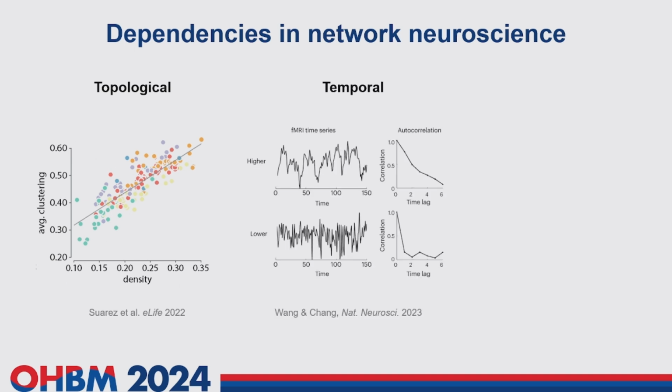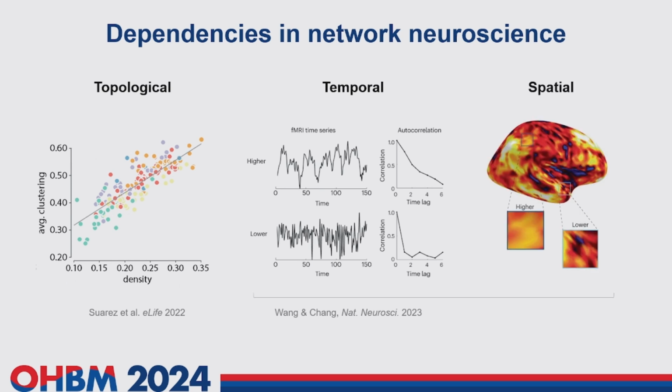An example from the temporal domain is temporal autocorrelation, or the fact that time series tend to be smooth over time, that neighboring time points in neural recordings more likely than not tend to have similar values. Finally, from the spatial domain, spatial autocorrelation, or the smoothness over space of neural maps, the fact that neighboring points in space tend to have similar values in neural maps.